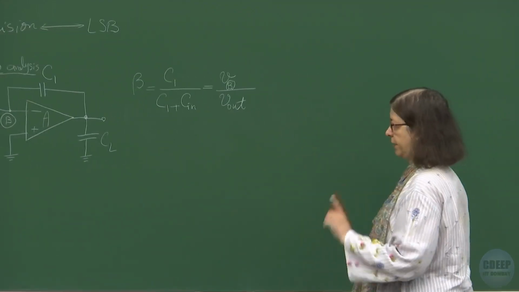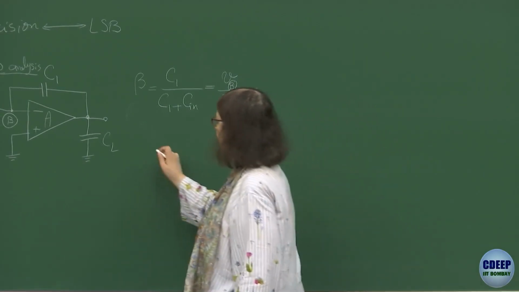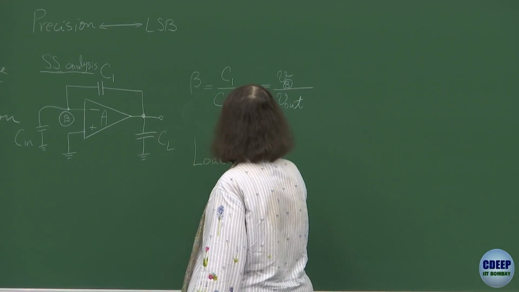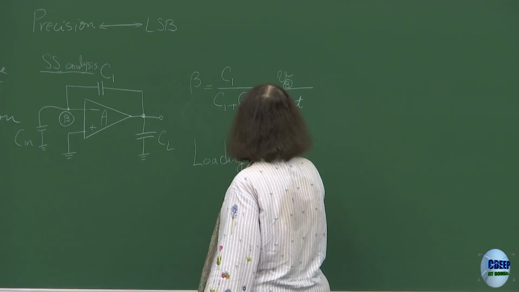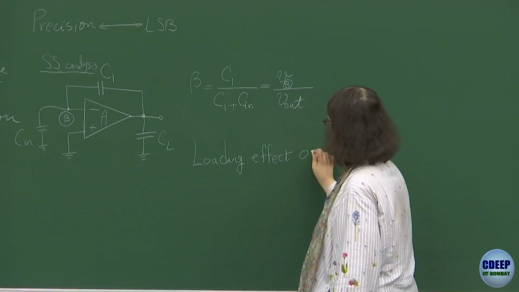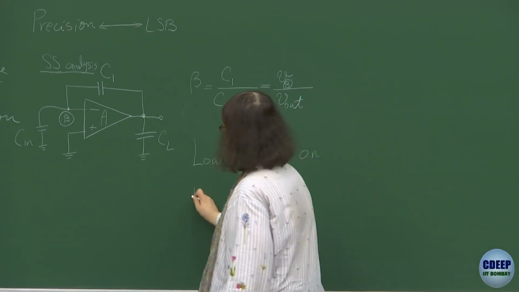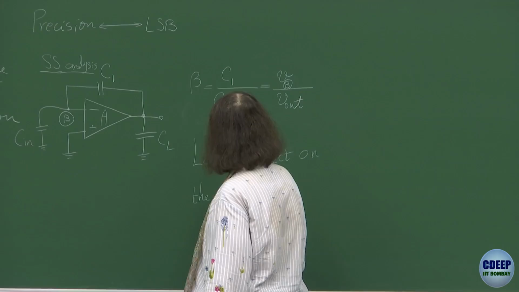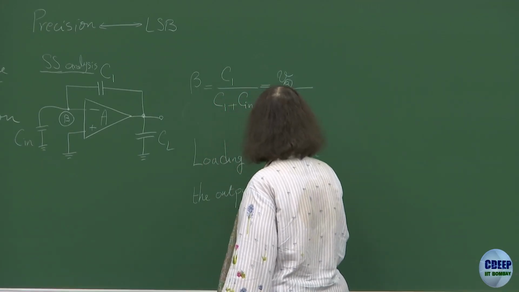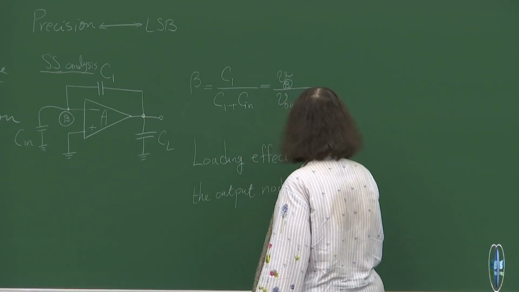This is the feedback factor. However, don't forget there is a loading effect due to this feedback on the output node. This is not an ideal feedback. This is a feedback which creates loading on the output node due to feedback.